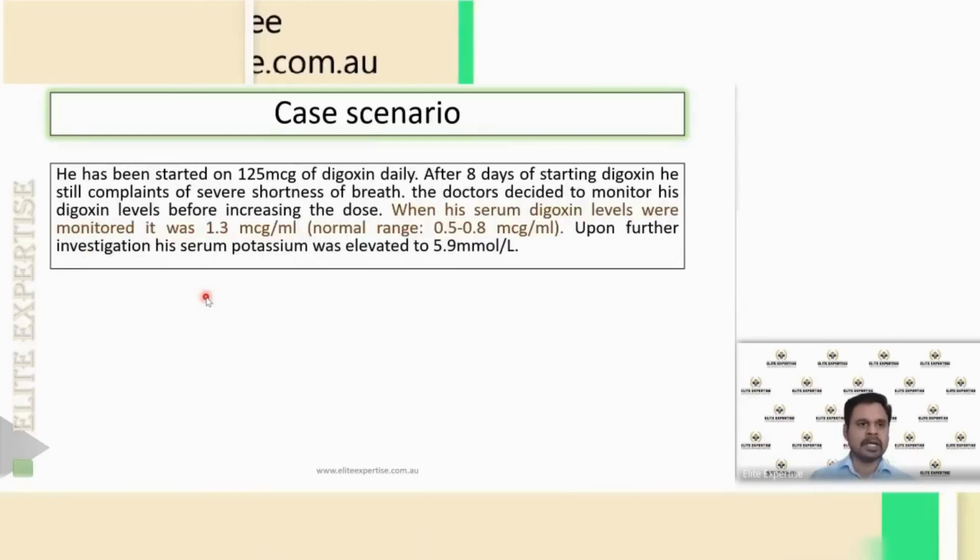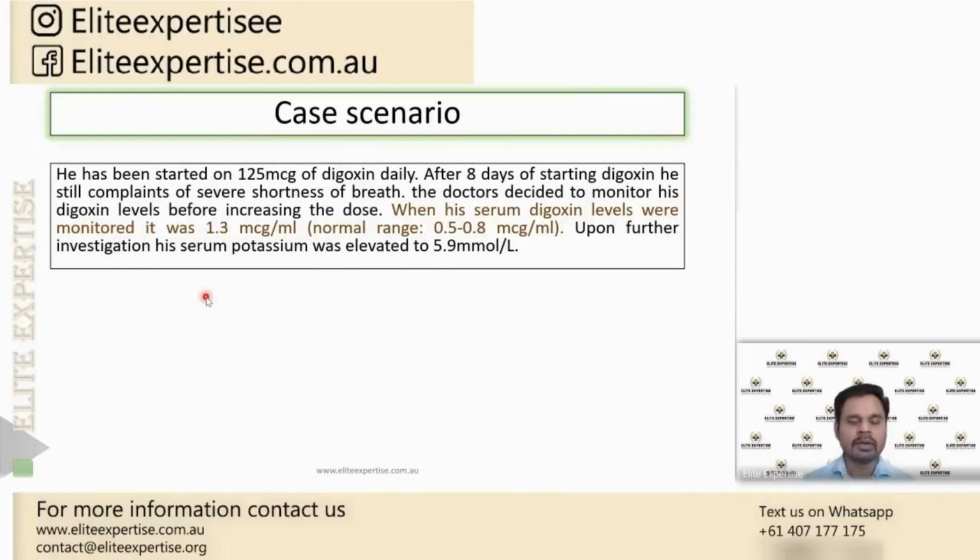Then he has been started on a 125 micrograms dose of digoxin once daily. After 8 days of starting digoxin, he still complains of shortness of breath. The doctors decided to monitor his digoxin levels before further increasing the dose of digoxin. When his serum digoxin levels were monitored, it was found that his serum digoxin level was 1.3 micrograms per ml.